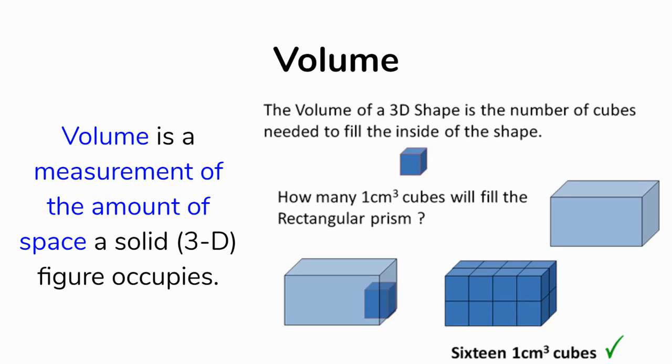If we put them all in, 16 cubes fill it up, which means that prism has a volume of 16 cubic units. Or in this case, since the unit cube is measured in centimeters, we would say it's 16 cubic centimeters. It's whatever the unit is. If the unit cube is measured in feet or inches or whatever, that's the unit that we'll use.